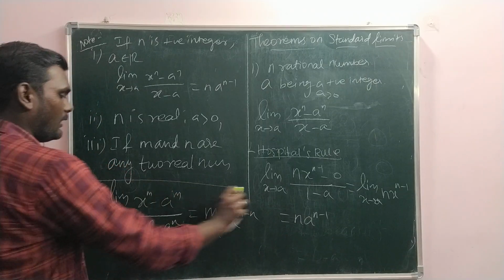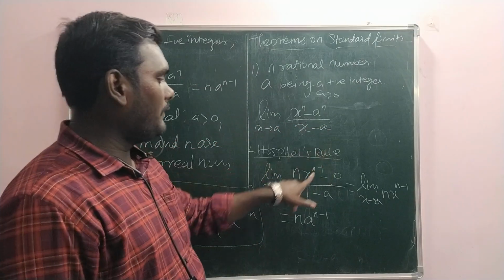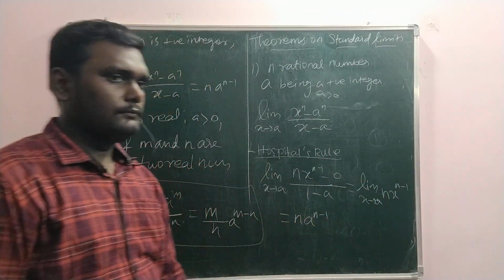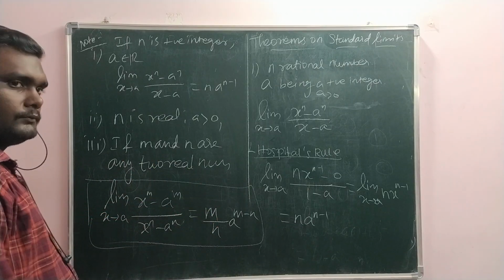This is the more generalized formula, because in the previous case the value of n was 1.